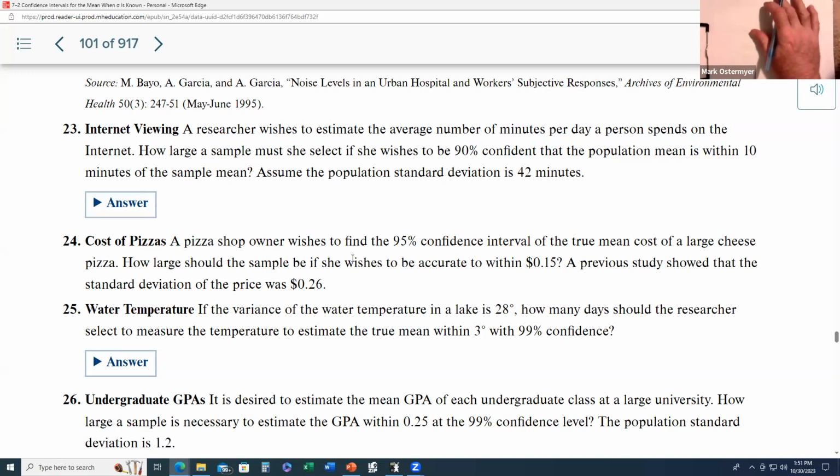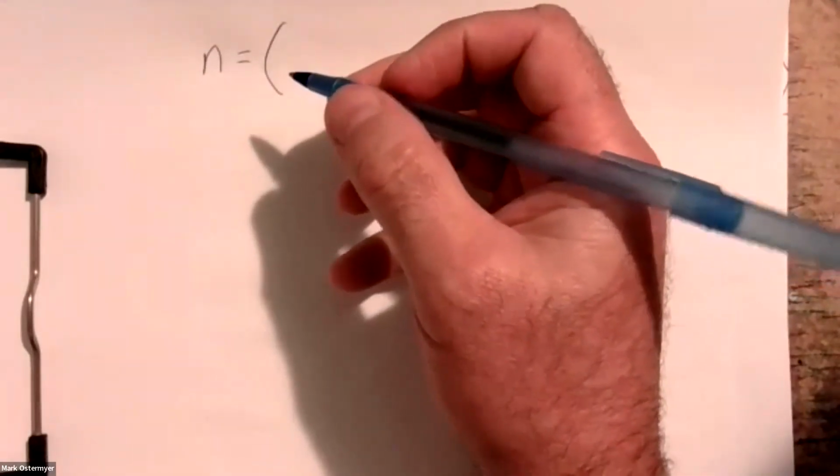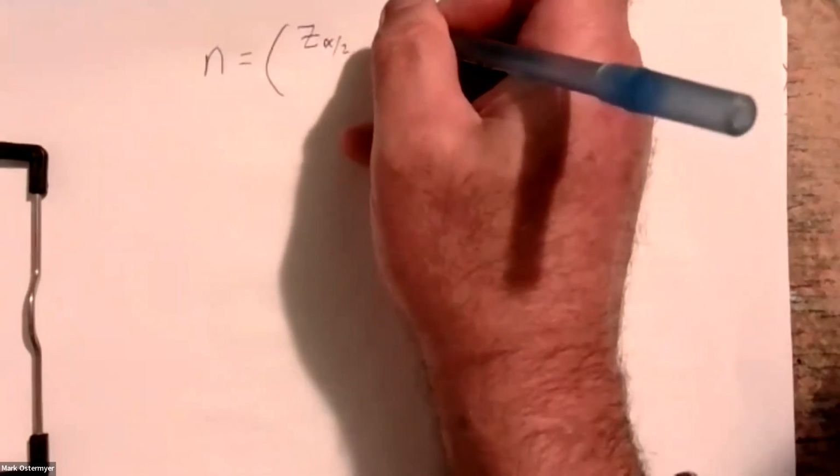Okay, so what do we know? Well, first of all, you have to import the sample size formula. You're going to need that. And without going through the derivation again, here is the sample size formula that we are going to use.